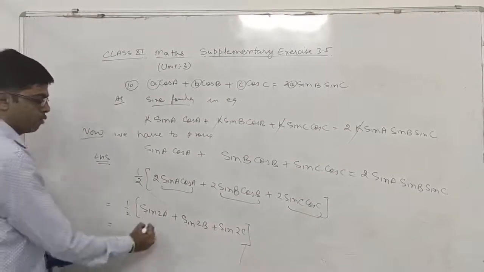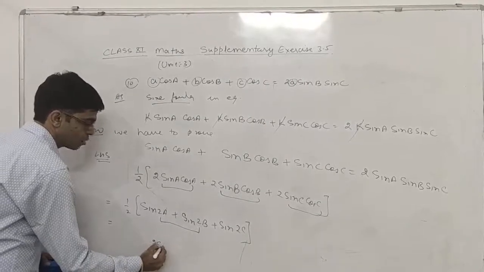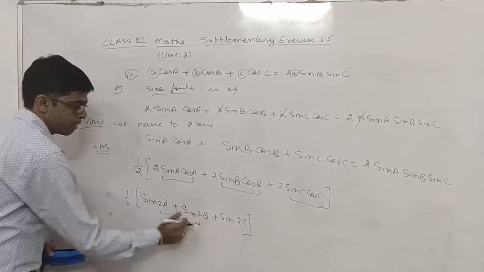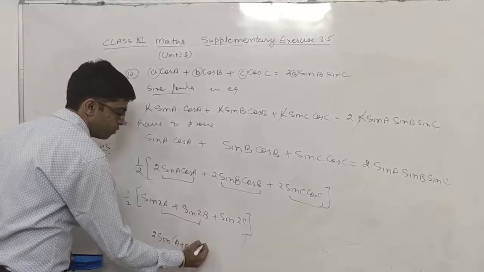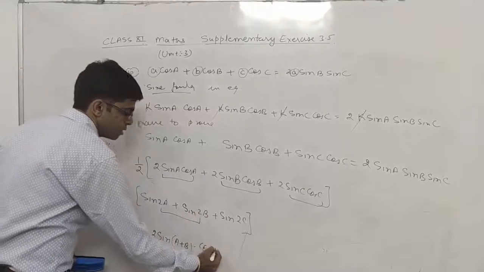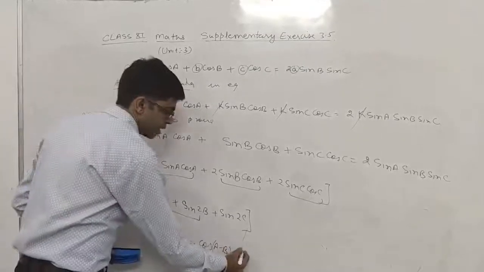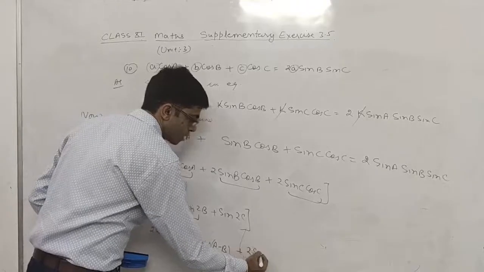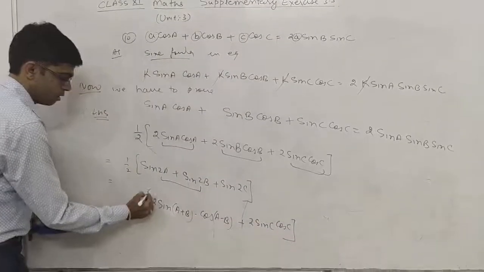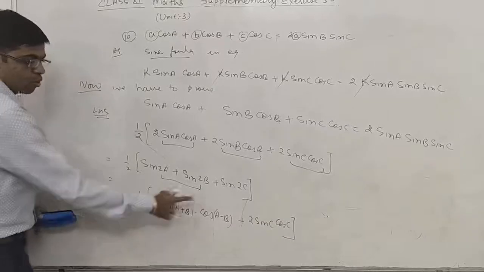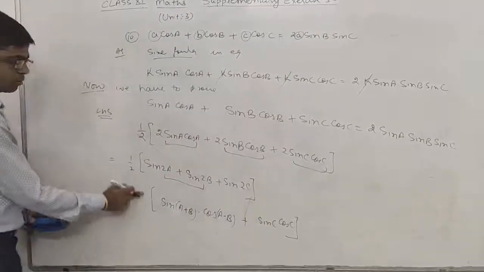Now use the formula sine C plus sine D is 2 sine C plus D by 2, meaning A plus B, into cos C minus D by 2. Similarly, sine 2C is 2 sine C cos C. Take 2 common, so this 2 and this 2 will be cancelled.